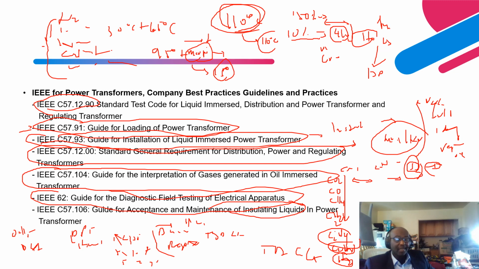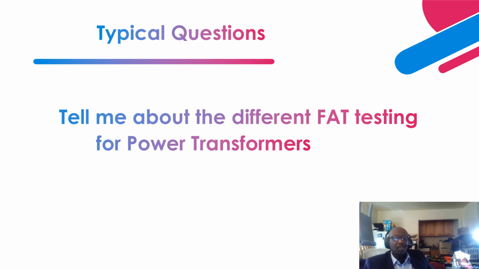This guide also covers oil quality: moisture level, breakdown voltage, acidity or neutralization number, and furan compounds. These are all typical examples that you can give them, just to let them know that you know what you're talking about. Okay.